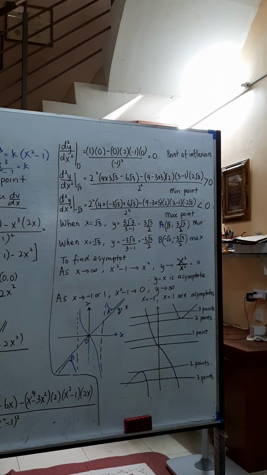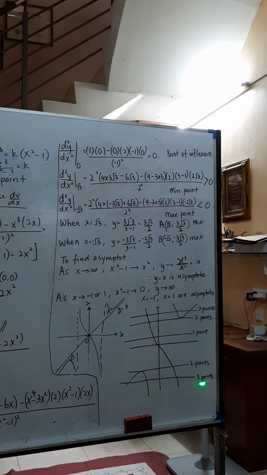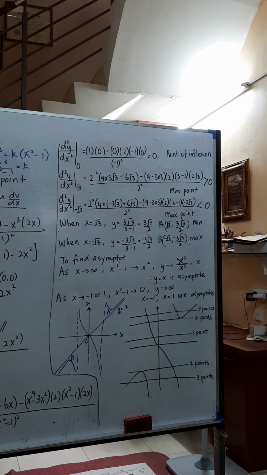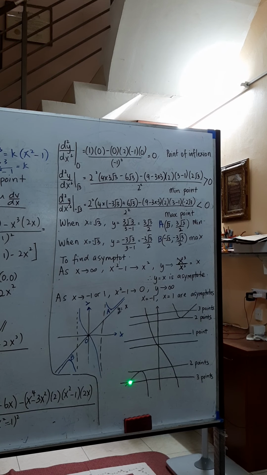A root is the intersection between k and the graph. And lastly, when k is less than negative 3 root 3 over 2, how many roots do you have?